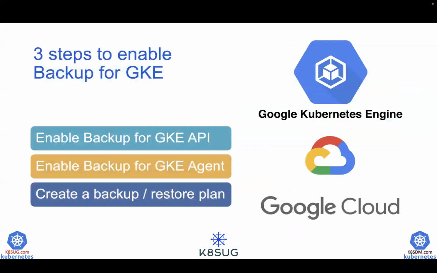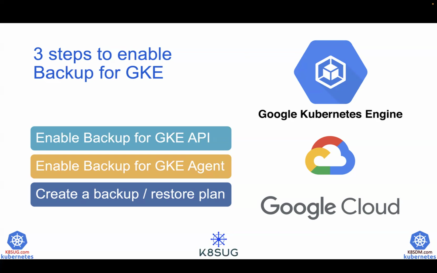Okay, so how to enable backup for GKE? Literally just three basic steps. We already talked about the first step: you need to enable the backup for GKE API in your project. Secondly, you need to enable or install the backup for GKE agent on all of your GKE clusters. The best way is, when you create the cluster, to enable the Backup and Restore add-on. In that way, after your cluster is created, you have the backup for GKE agent already pre-installed.